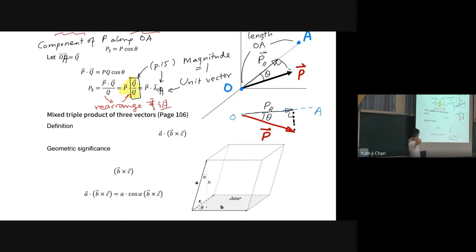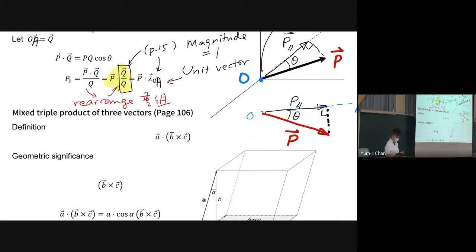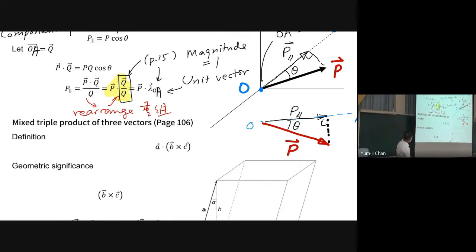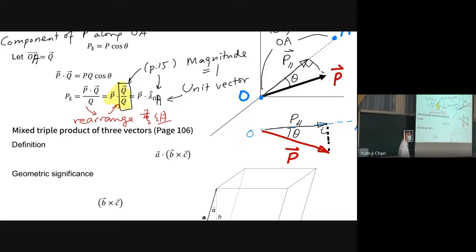So this is to determine the projection. P parallel is equal to P dot the unit vector in the direction of OA. So this is lambda OA. Let me make it bigger. It's okay. We will use this in a minute. But does it look logical?